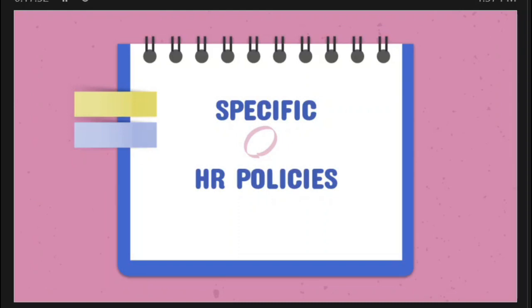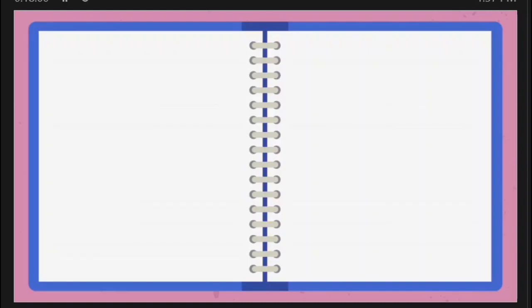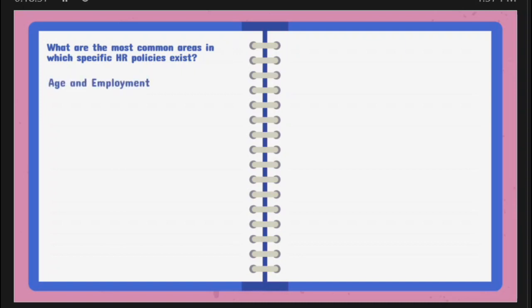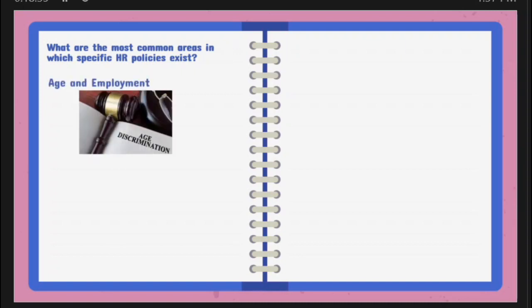Next, we move on to specific HR policies. What are the most common areas in which specific HR policies exist? Number one, age and employment.